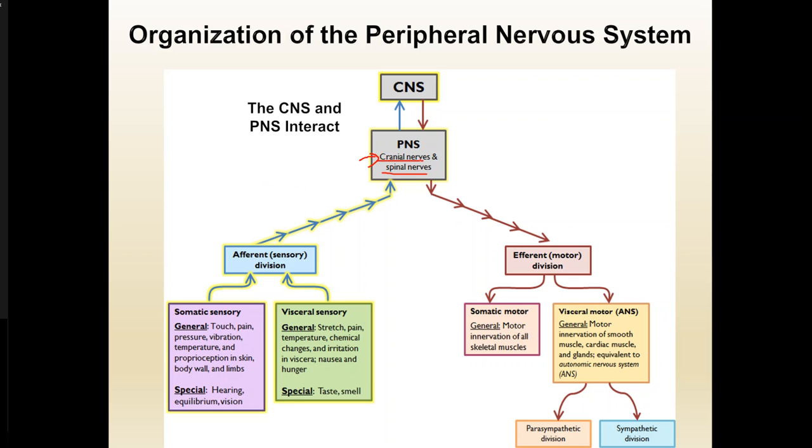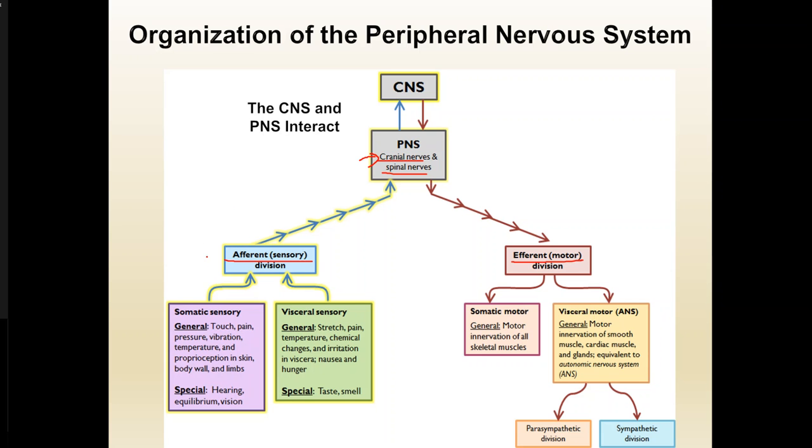So regarding the peripheral nervous system, we can divide this system into two divisions. One is going to be your afferent or sensory division. The other one is going to be your efferent or motor division. And when we talk about these two divisions, we have to also make another distinction within these two divisions.